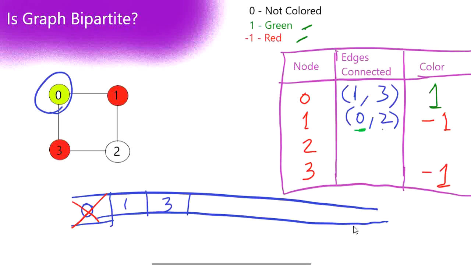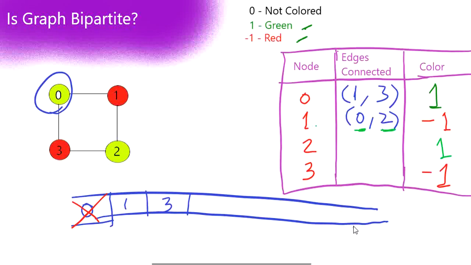In this case, what does it mean? It is in the different set from 1. So we have to color it differently from 1. Here the value of 1 is -1, so we have to color 2 with 1 or green. So now we have colored it, and we are done with traversing the neighbors of 1.